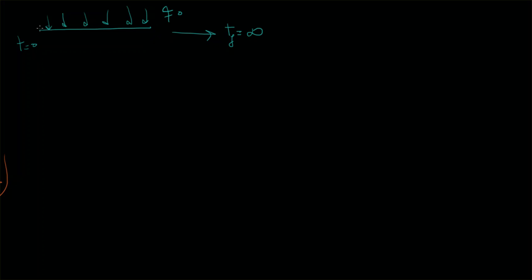Previously, we had no knowledge of T0. We used to define two stages: before loading and after loading. We used to find sigma dash initial, and here we used to find sigma dash final, which is most likely sigma dash initial plus surcharge.